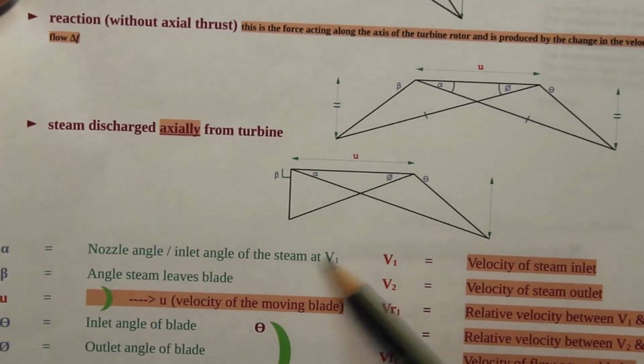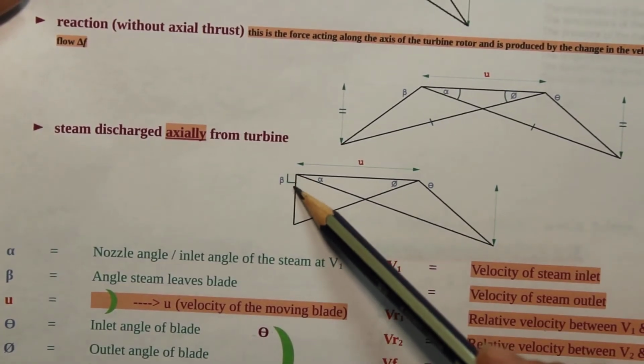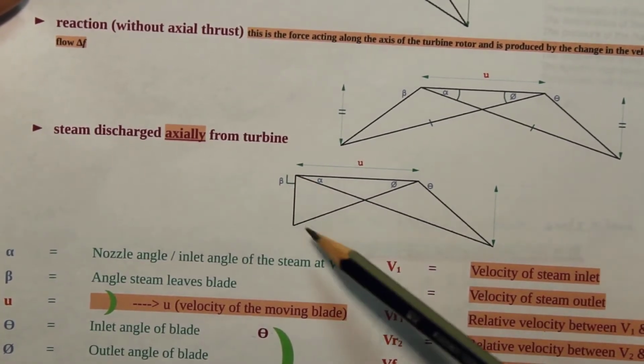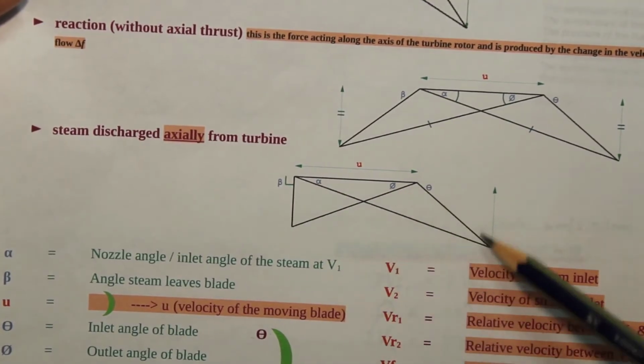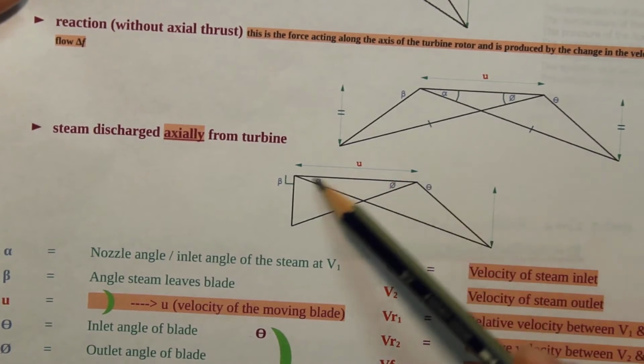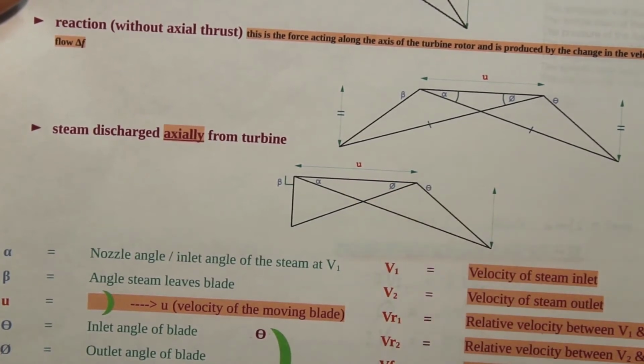It's going to exit at 90 degrees. So this is what the velocity diagram for the second row of moving blades will look like.